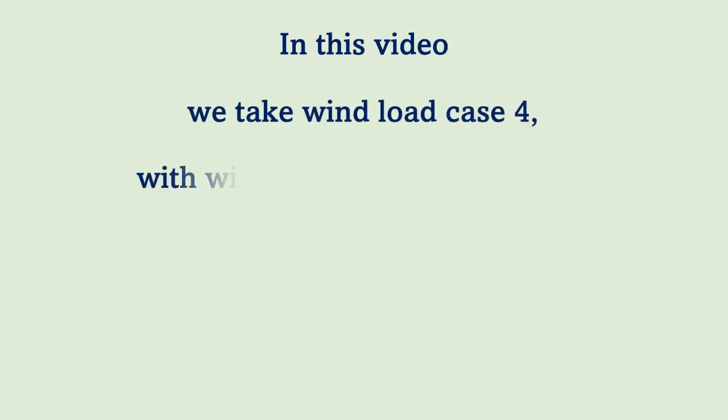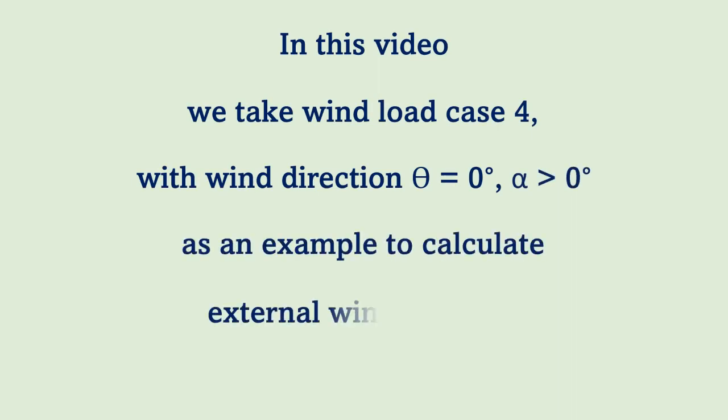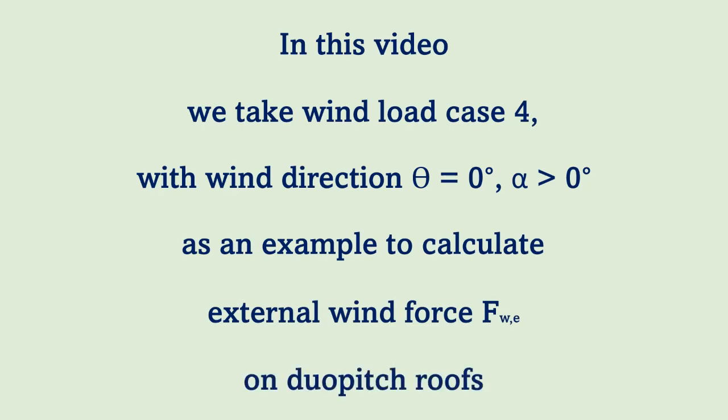In this video, we take wind load case 4 with wind direction 0 and a positive pitch angle alpha as an example to calculate the external wind force FWE on duopitch roofs.